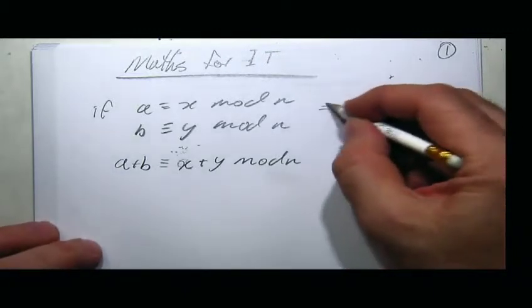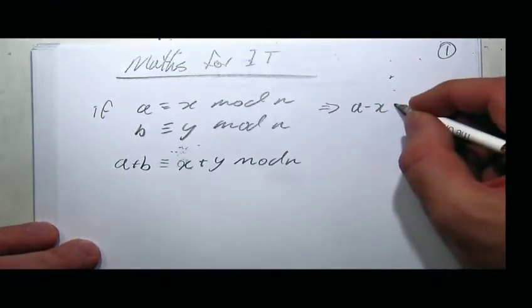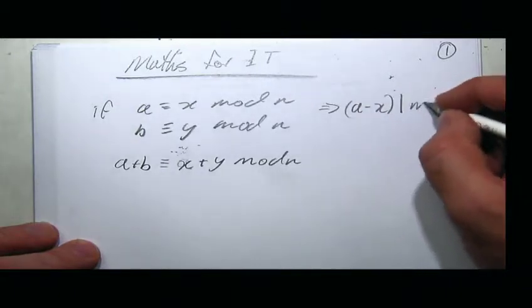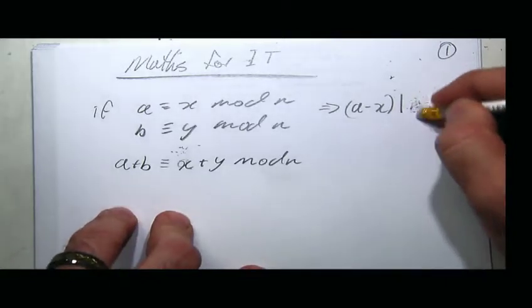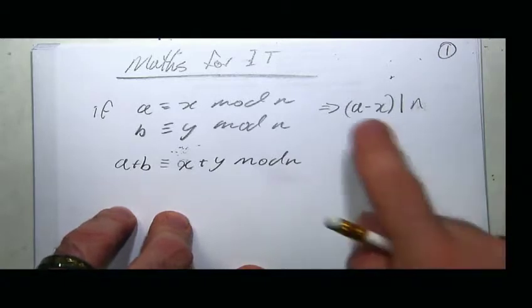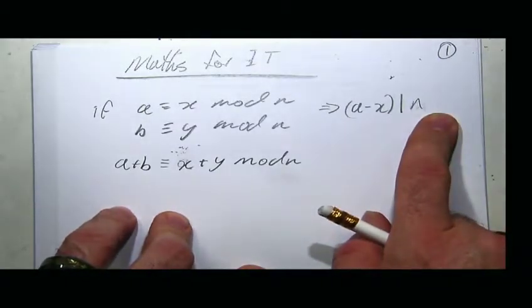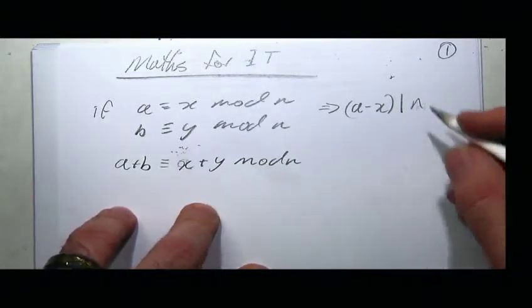Possibly what we should say is this means that A minus X is divisible by N. Is that the way you've been writing it in lectures? This means this thing is divisible by N? No? Never seen that before? You have? Okay, awesome.